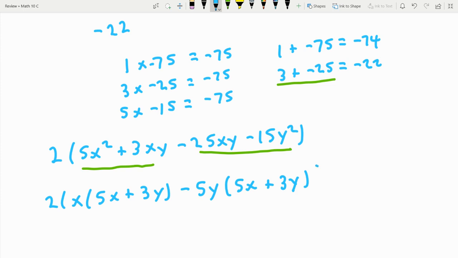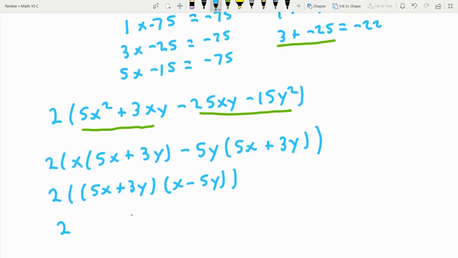Now I notice that 5x plus 3y is common, so I would rewrite this as 5x plus 3y and x minus 5y. And I guess I can get rid of some additional brackets, and instead I would have 2(5x plus 3y)(x minus 5y).